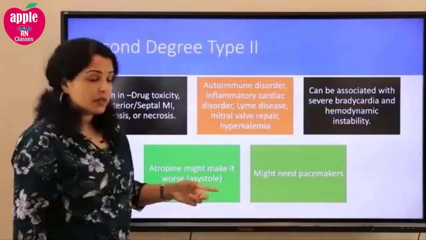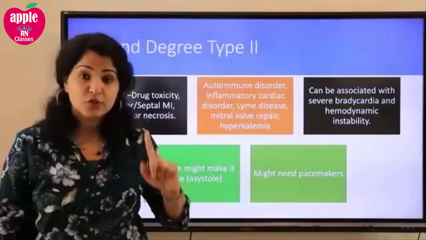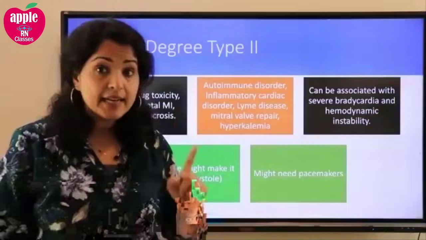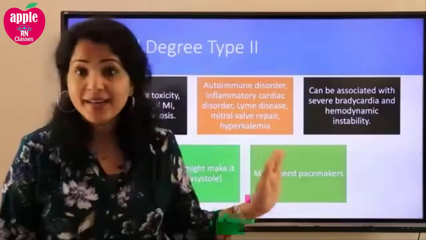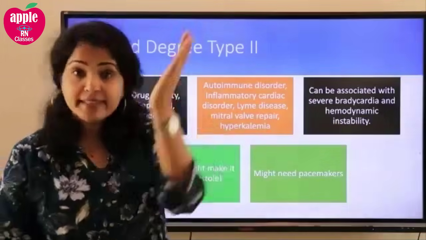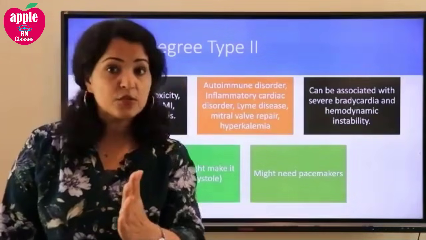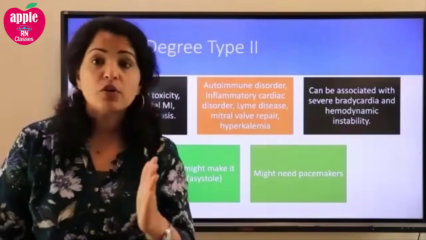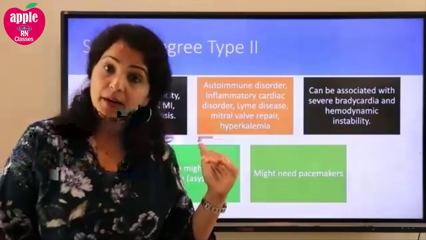And these people, we don't want to give them atropine. Remember, atropine is only for second degree type 1. For second degree type 2, we will not do any counseling. We will go direct to the pacemaker. I mean, that's what they need, because we don't want to take the chances of complete heart block.